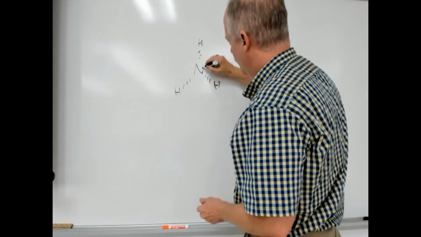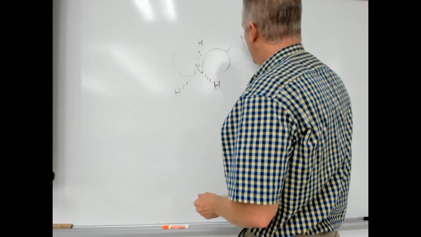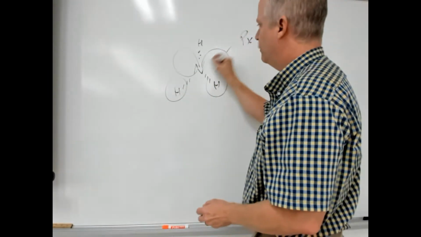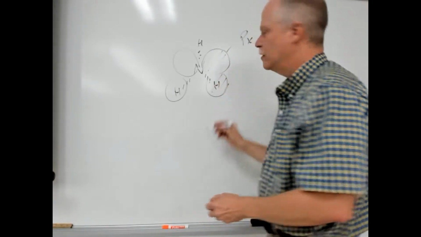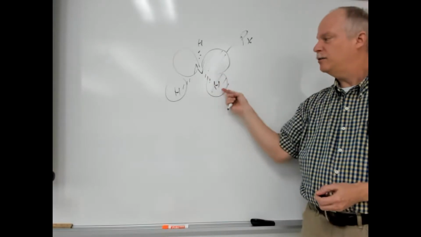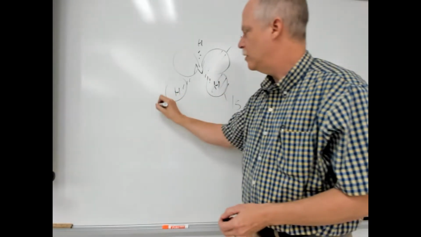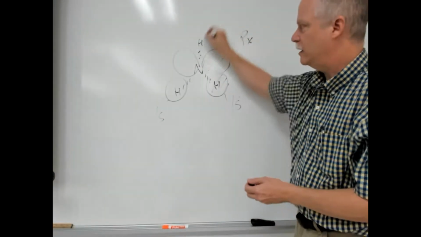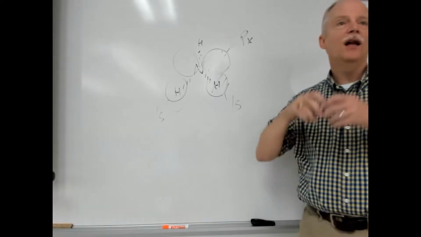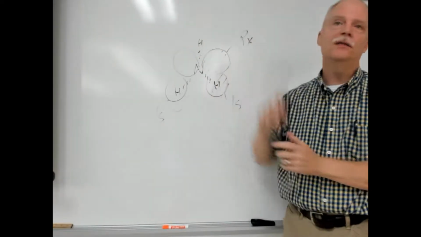We could draw that p orbital on the nitrogen, the px orbital, and it could interact with the hydrogens if they're in phase with each other. And so that p orbital is interacting with the 1s orbitals on the hydrogens and making this molecular orbital. So that's how we make a molecular orbital out of atomic orbitals. And that's how we get all these pictures.